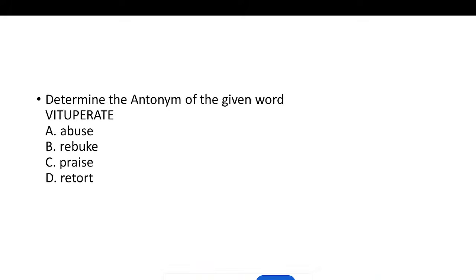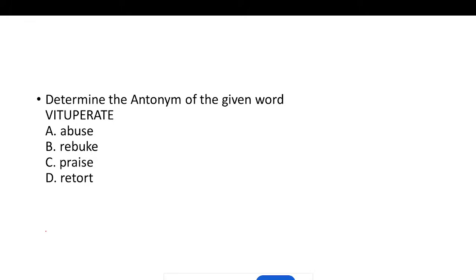Can you answer this question? Antonym of the given word: vituperate.